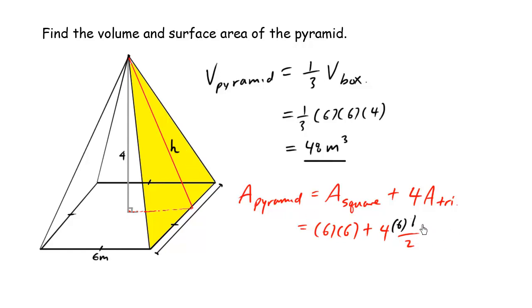We're not sure what it is yet, and we have to use the Pythagorean theorem. So as you're figuring out how long this distance here is, don't write down 6 accidentally. It's halfway across. So it's not all the way across, it's halfway. So half of 6 is going to be 3. Recognize the 3, 4, 5 triangle. So h is equal to 5.